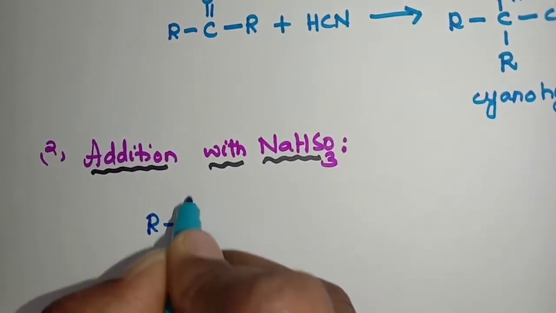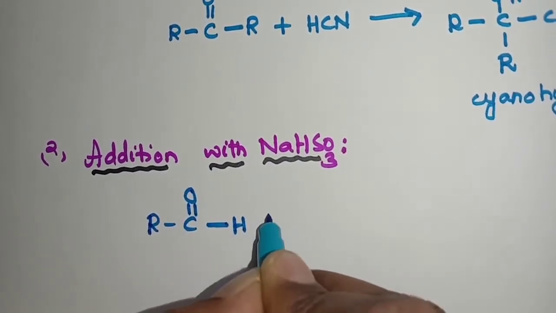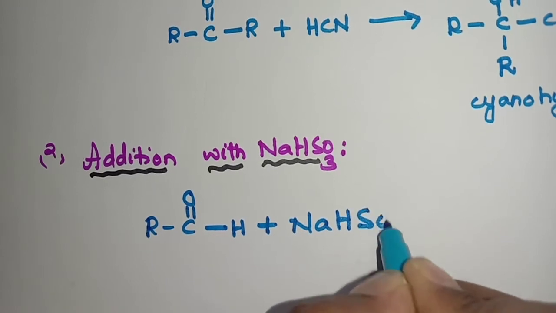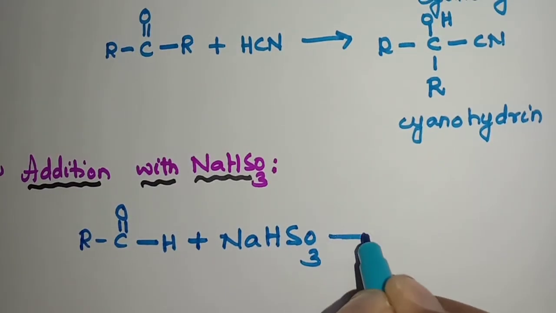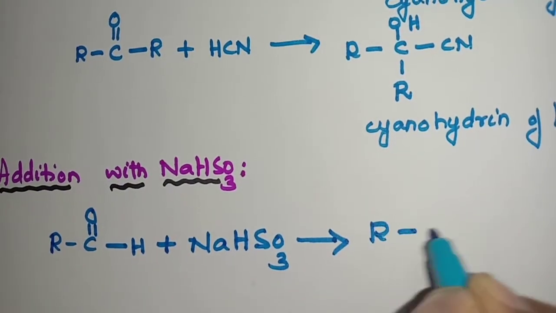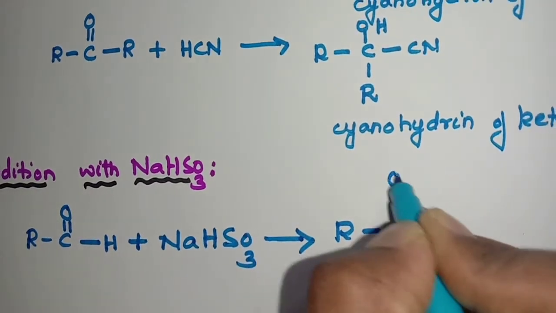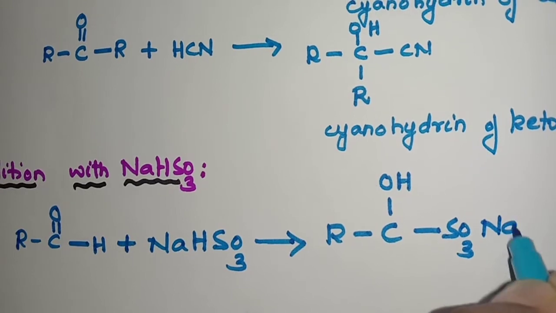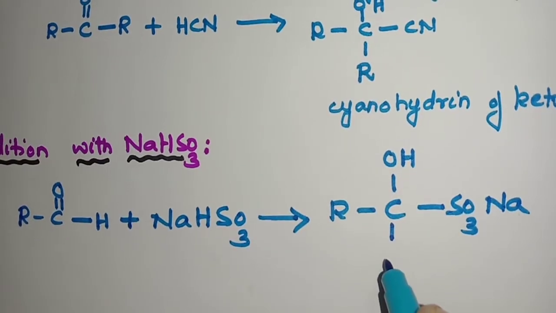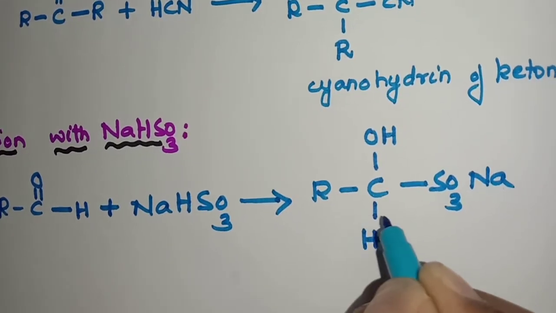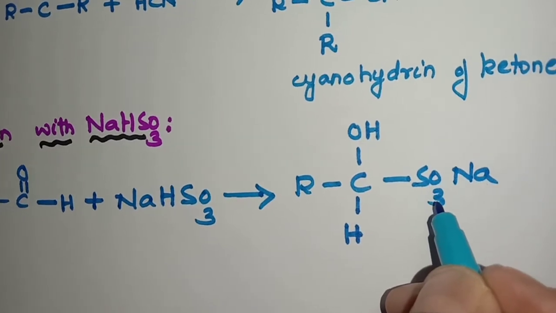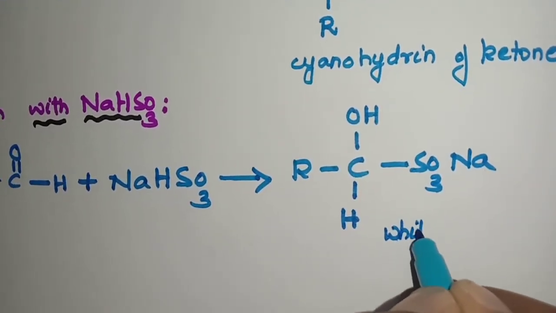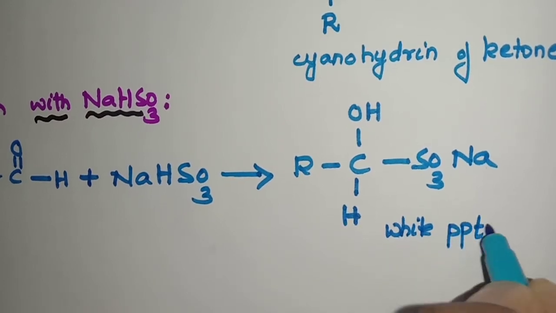R C double bond O H plus NaHSO3 gives rise to R C OH SO3 Na. Here comes H. So this is a sodium bisulfite derivative of aldehyde. It is in the form of a white precipitate.